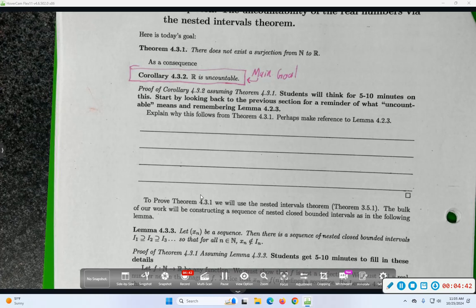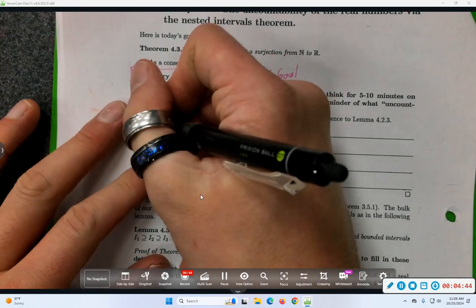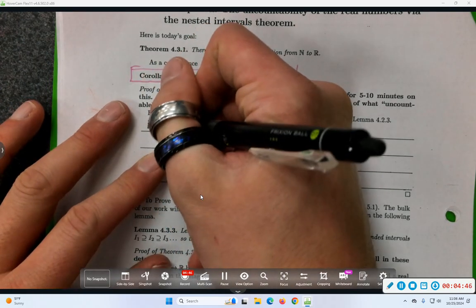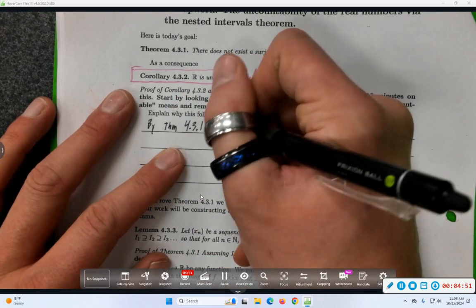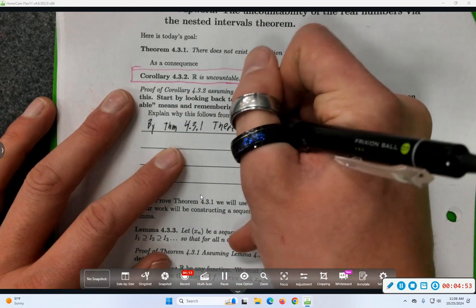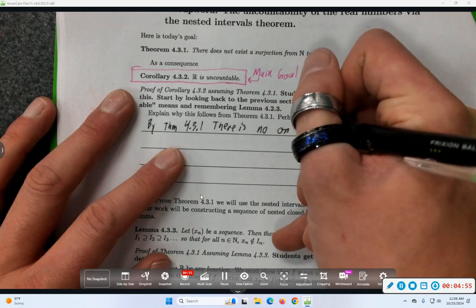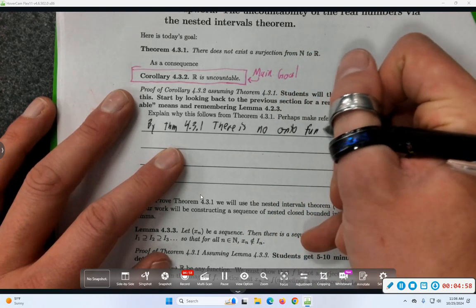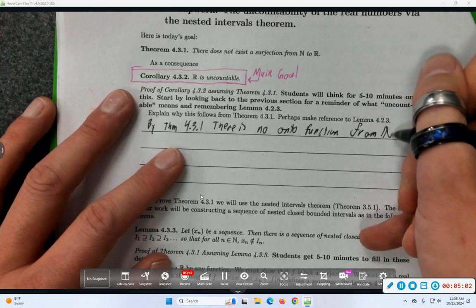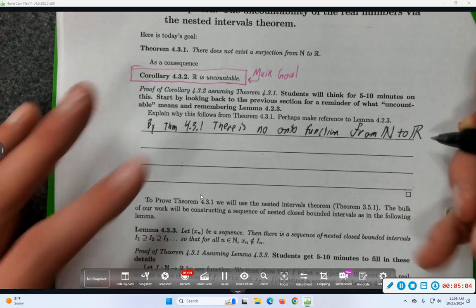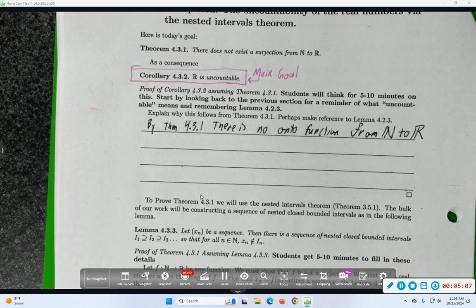Let's start with that. By theorem 4.3.1, there is no onto function from N to R. And now let's finish putting that into words. Why does that tell us that the real numbers are not countable?